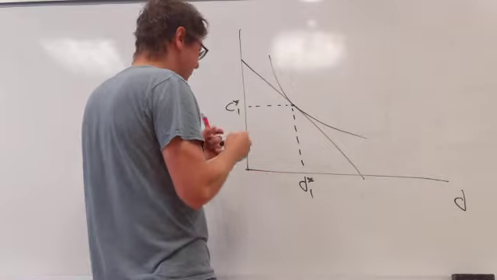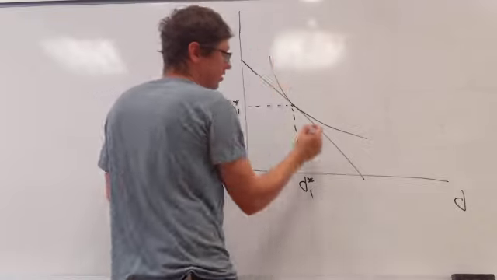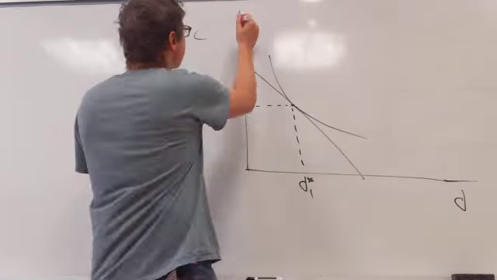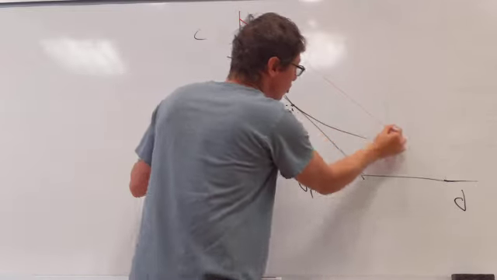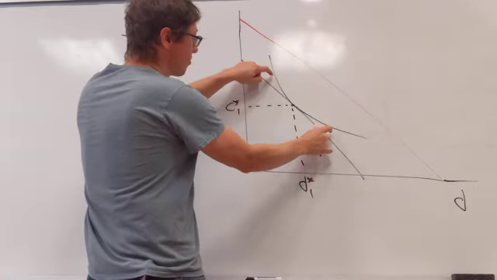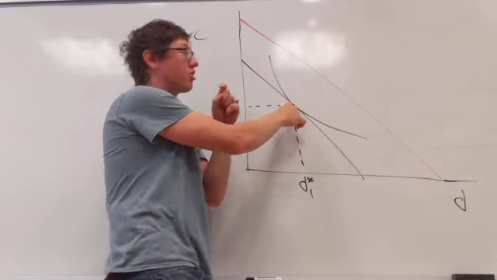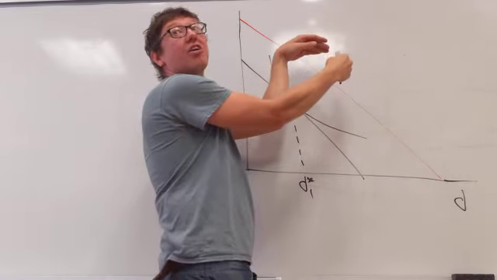It shifts outward, something like this. You're no longer maximizing at C star 1, D star 1. You can do better now. You can move to an indifference curve that's further out.